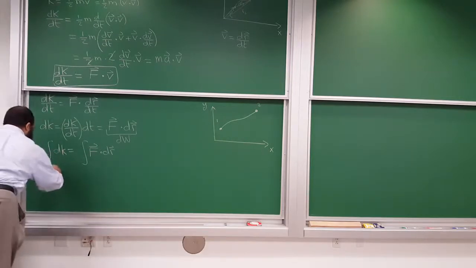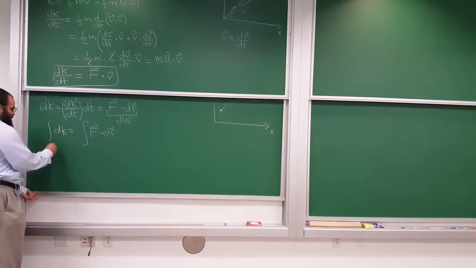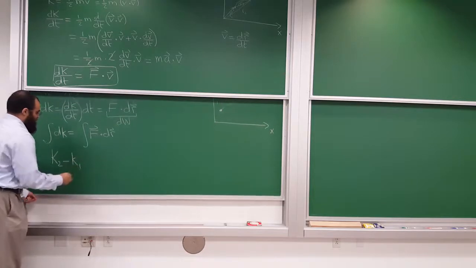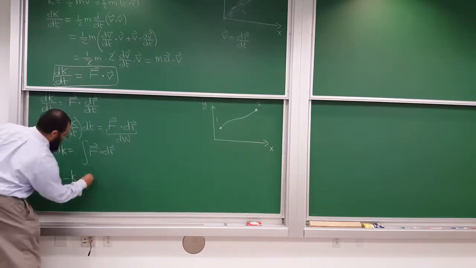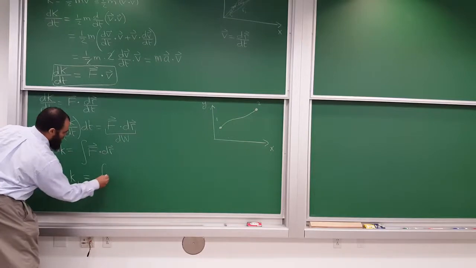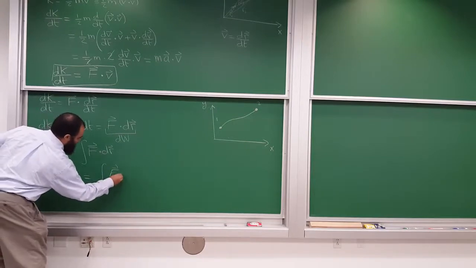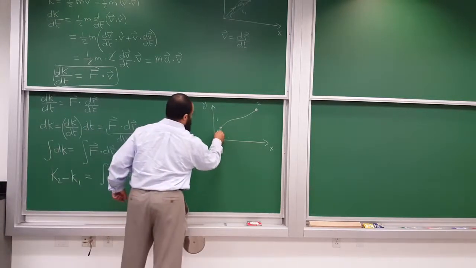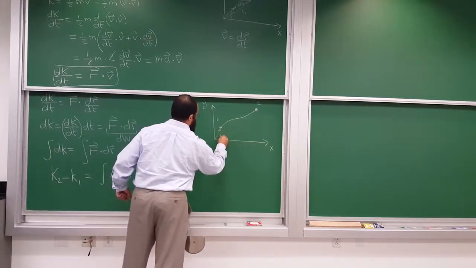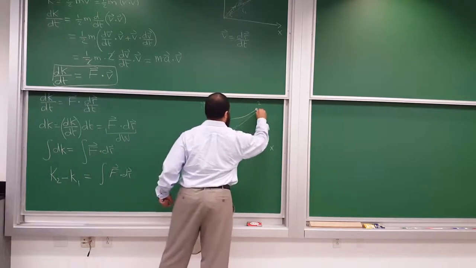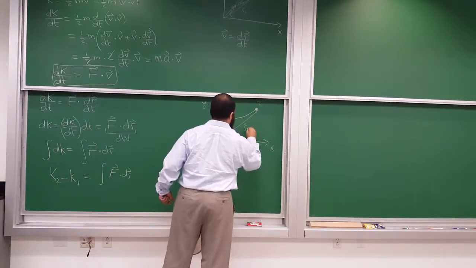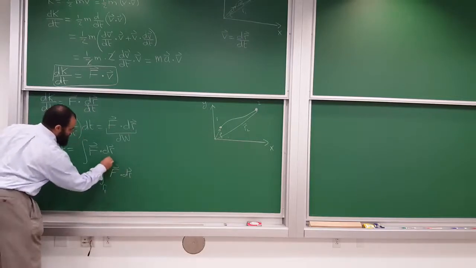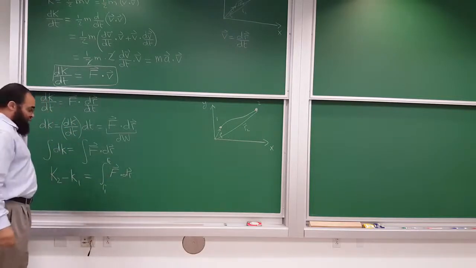So this is just the change in kinetic energy, K2 minus K1 as usual. And it's equal to the integral of F dot dr integrated between position 1, this is R1, and position 2, R2.